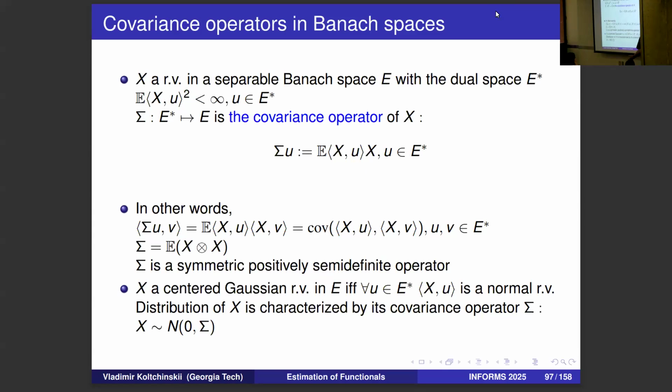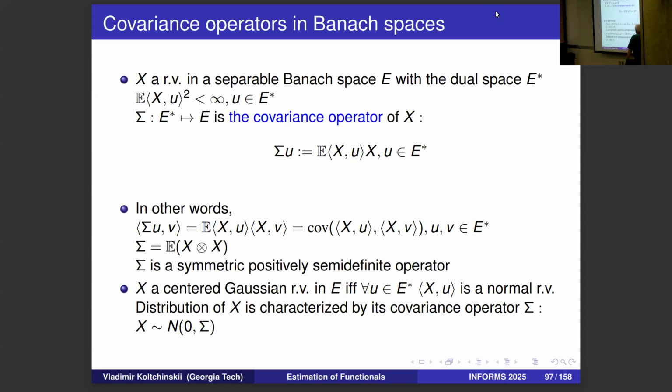Now, what is covariance in this setting? I actually don't care that much about the space being infinite dimensional, but what I care more about is that I allow myself to use an arbitrary norm. It's not necessarily Euclidean norm, so this way it covers many more situations, okay?